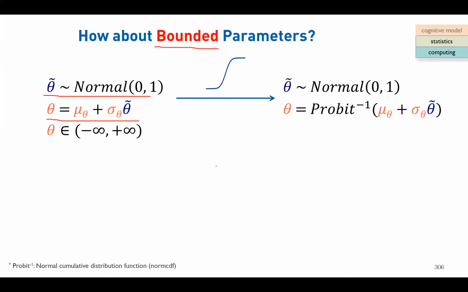Softmax function, if you recall, when we were discussing the Rescorla-Wagner model, we translated the value difference, value of A minus value of B, into action probability, the probability of choosing A, okay? The value difference has a range.